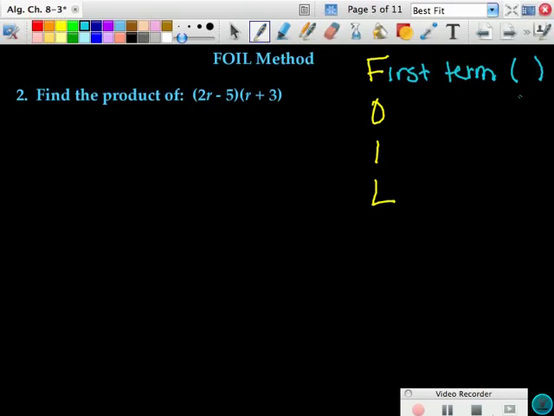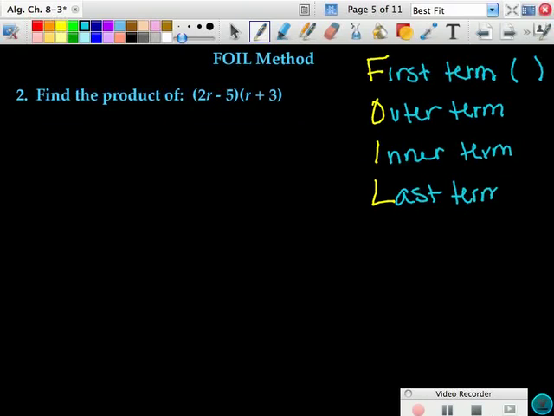O is outer term, so the complete outside of the whole problem. I is inner term, and that's the inside of the whole problem, and then L is last term, which is on the very ends of the parentheses.